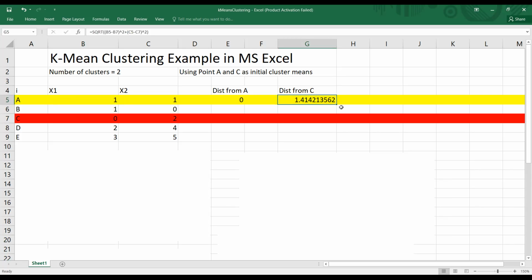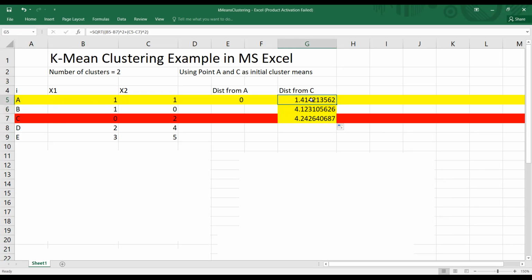And this is to be copied if we are calculating the distance from point B to the point C, or from point C to the point C. But if I copy this formula, we can see that the distance from C to C is not 0. It means there is some error.